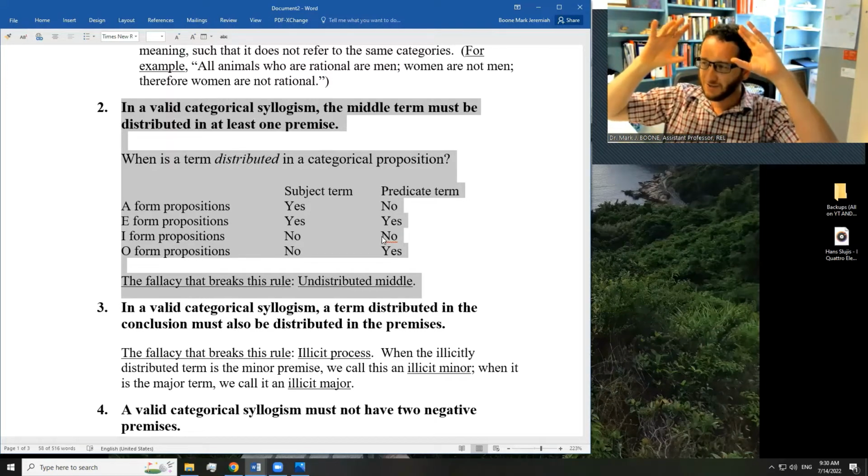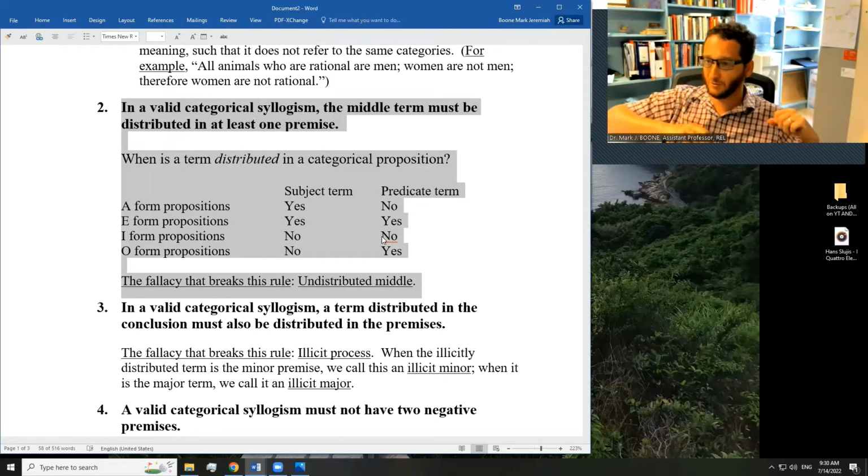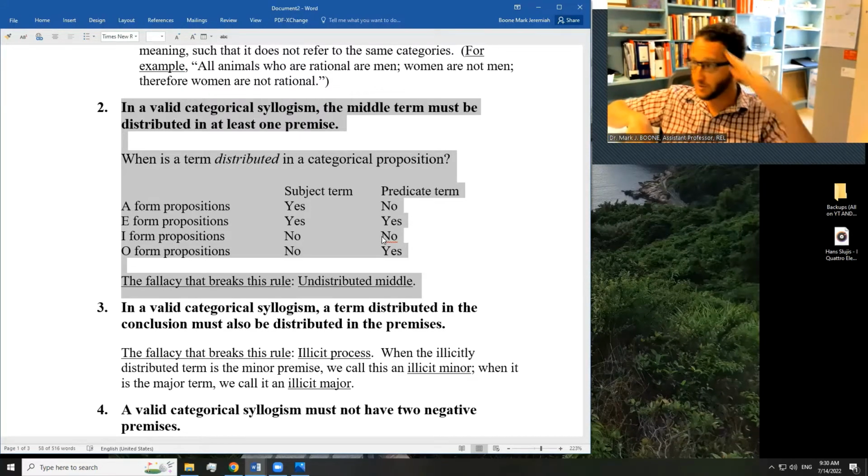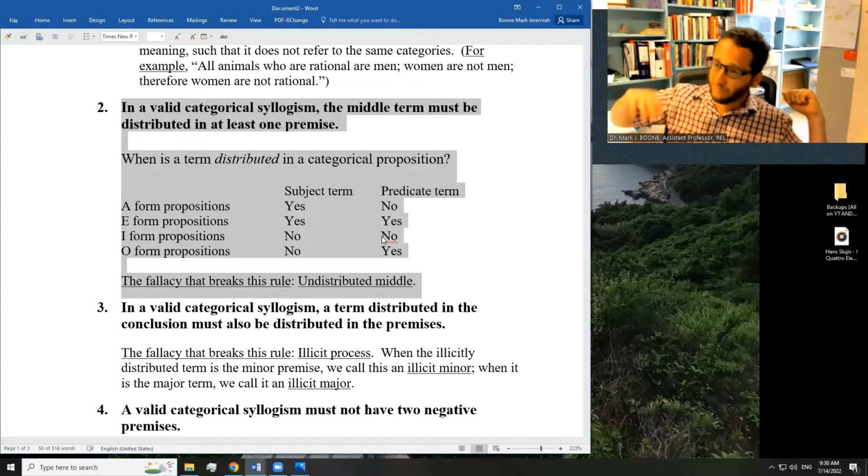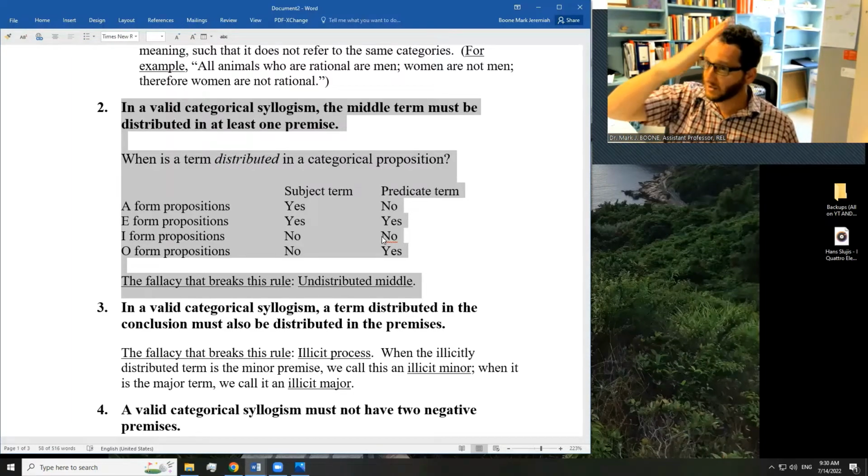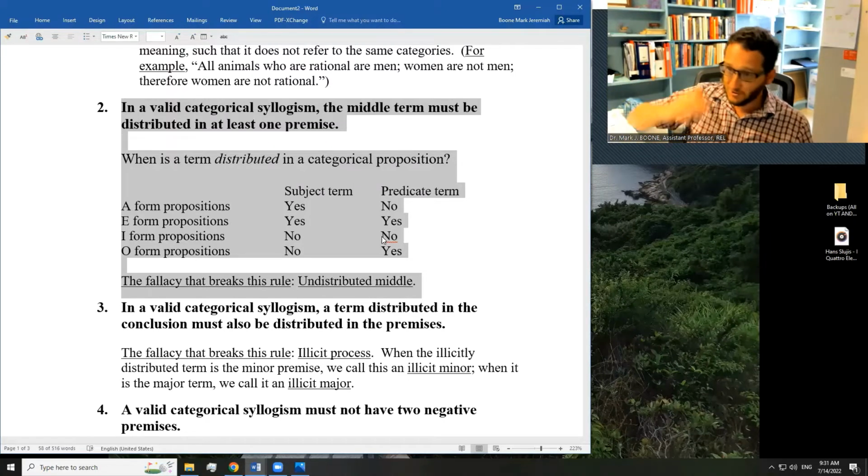And that means you have to say something about everything in the middle term. Otherwise, whatever connection you make between the minor term and the middle term might not actually follow through with the connection you make between the middle term and the major term.